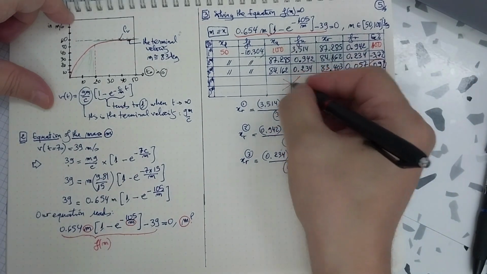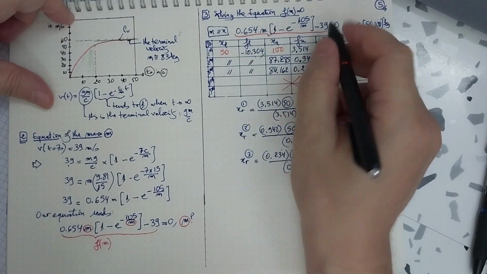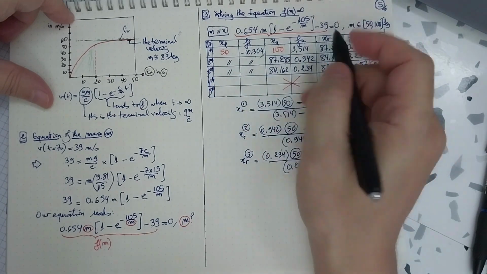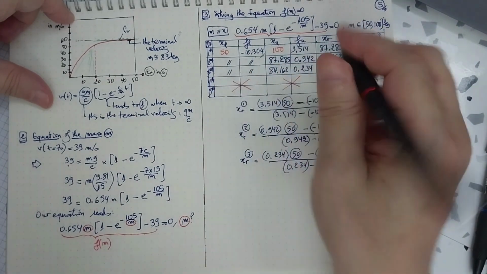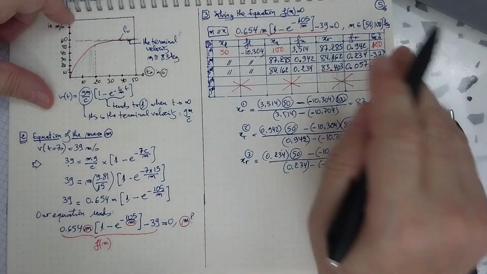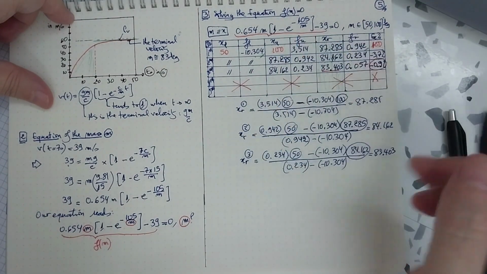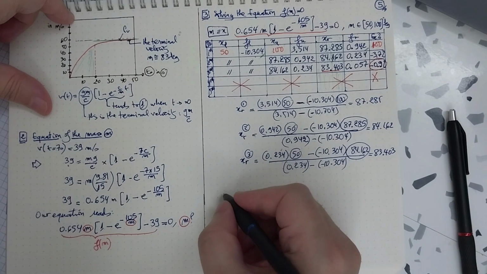So it's really powerful. It is a rather complicated equation, but we got the solution in 3 iterations, an approximate solution. So let's write it here.